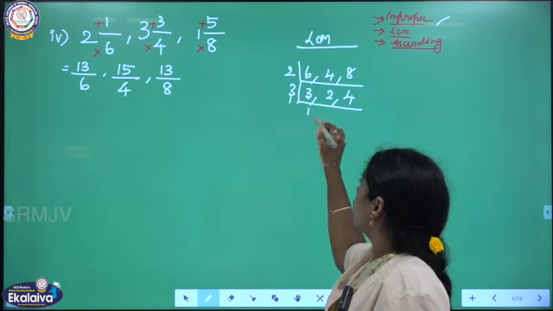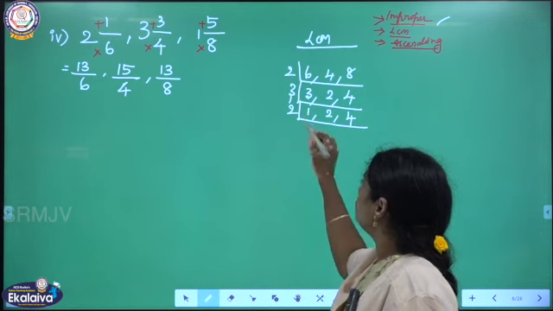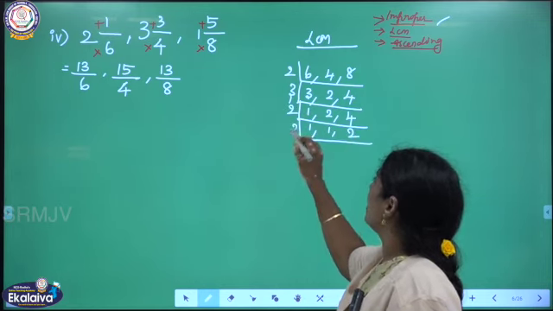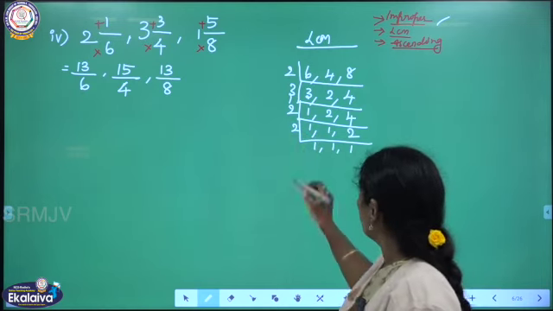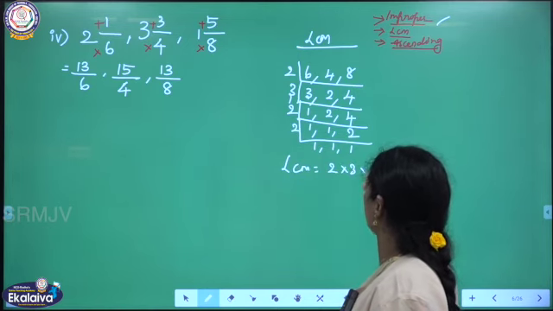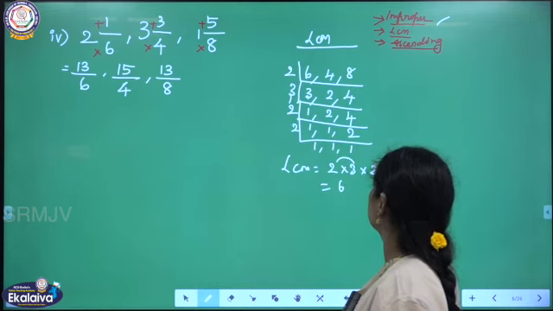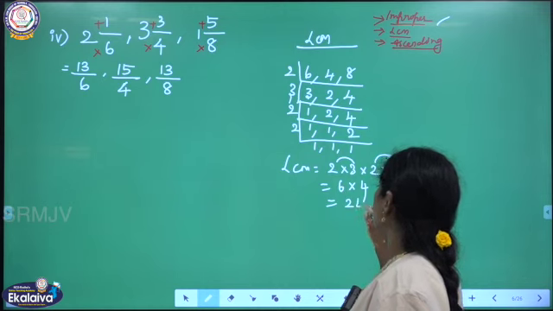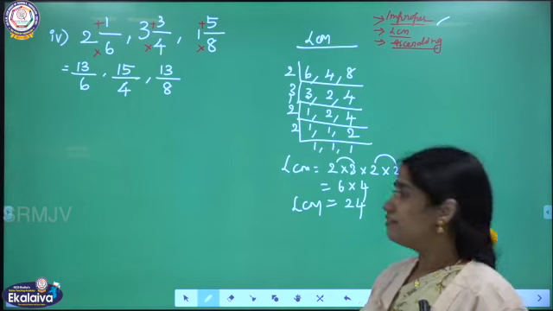Again 3, 1, 2, 4. Next 2, 1, 1, 2. 2 2s are 4. Again 2, 1, 1, 1. Listen children, what is my LCM? 2 into 3 into 2 into 2. Listen, 2 3s are 6, 2 2s are 4. So 6 4s are what? 24. So your LCM is 24.